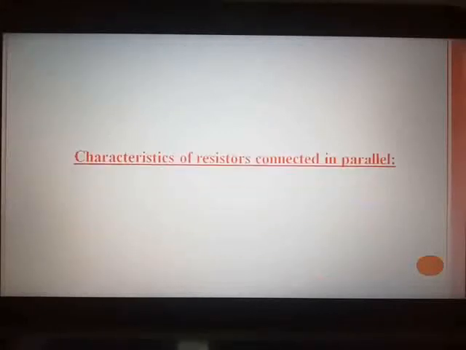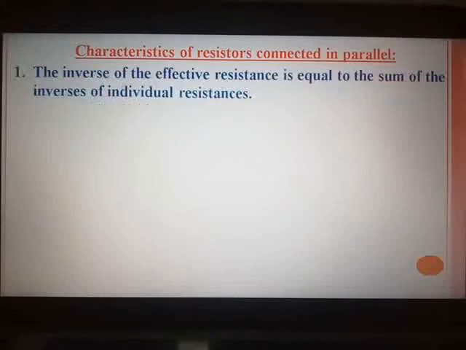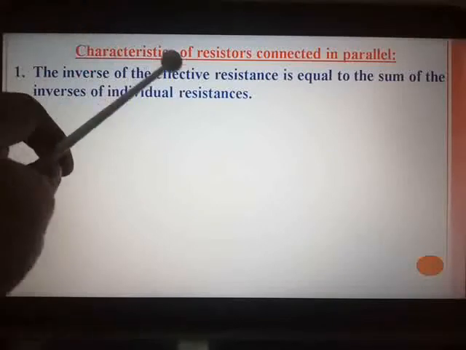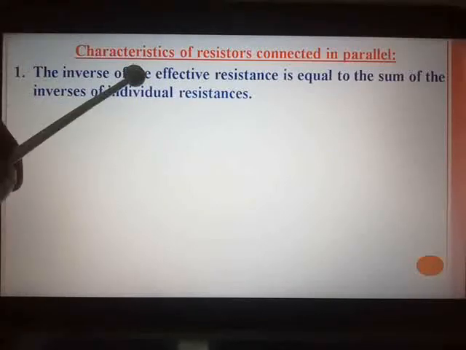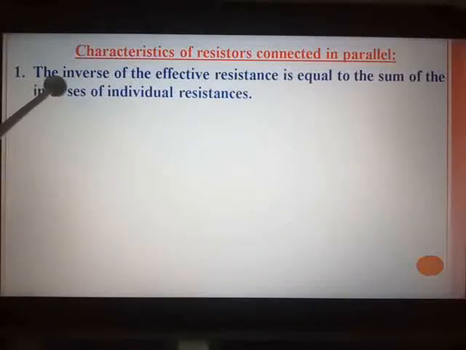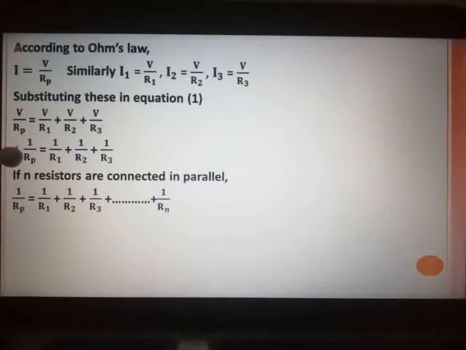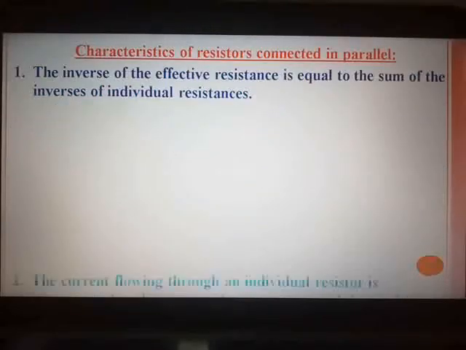So what are the characteristics for resistors connected in parallel? The inverse of the effective resistance, 1 upon Rp, is equal to the sum of the inverses of their individual resistances. That is your first characteristic.